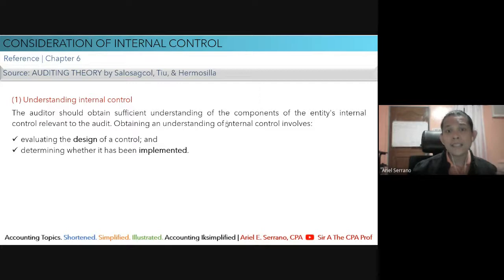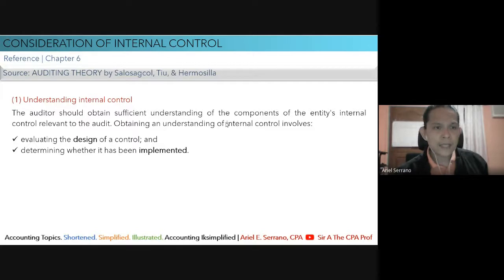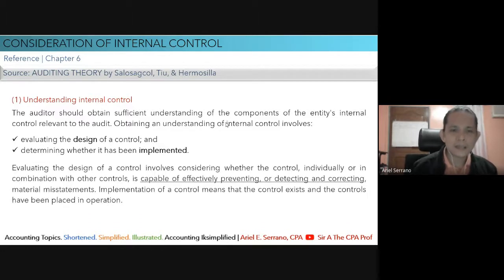We are not designing, ha? Pasintabi lang, baka yung pagkaintindi natin ng una is we will design control bilang mga auditors. Hindi po. We will evaluate. I-assess natin yung design ng control. And then, ayan, we will determine implemented ba yung mga controls na yan. So that is how we obtain an understanding.